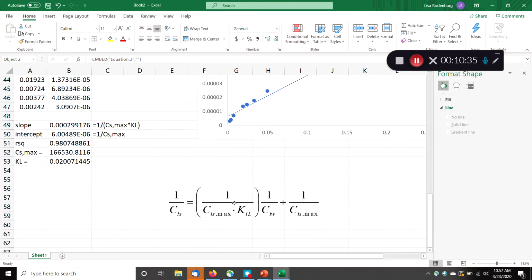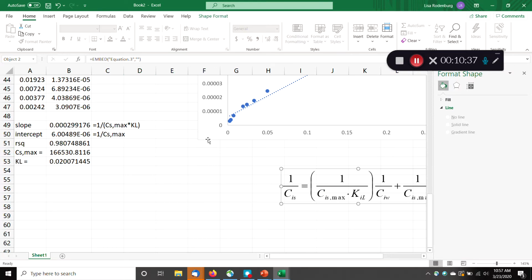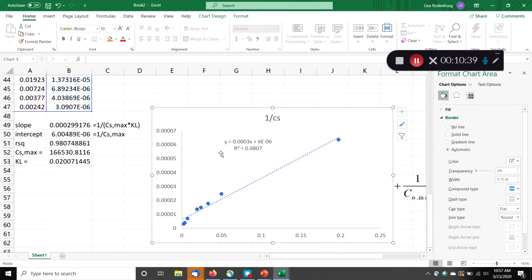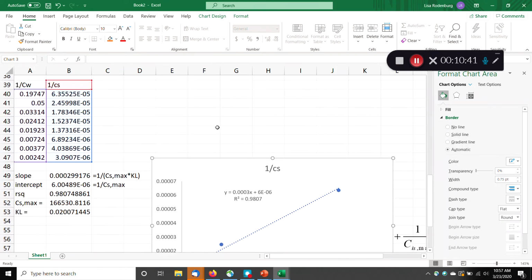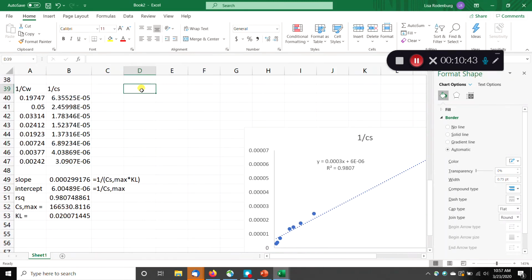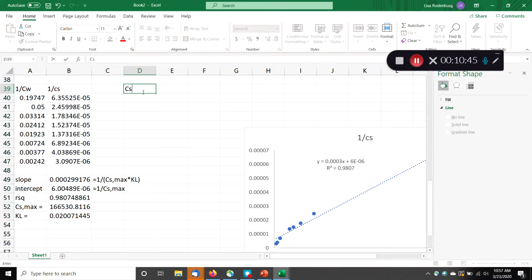Now let's plot the data, not in this transformed version, but like for real, in the right way. So here's our CW, our CS, and this is our measured, so we'll call this CS,measured. And then let's also plot CS,predicted.